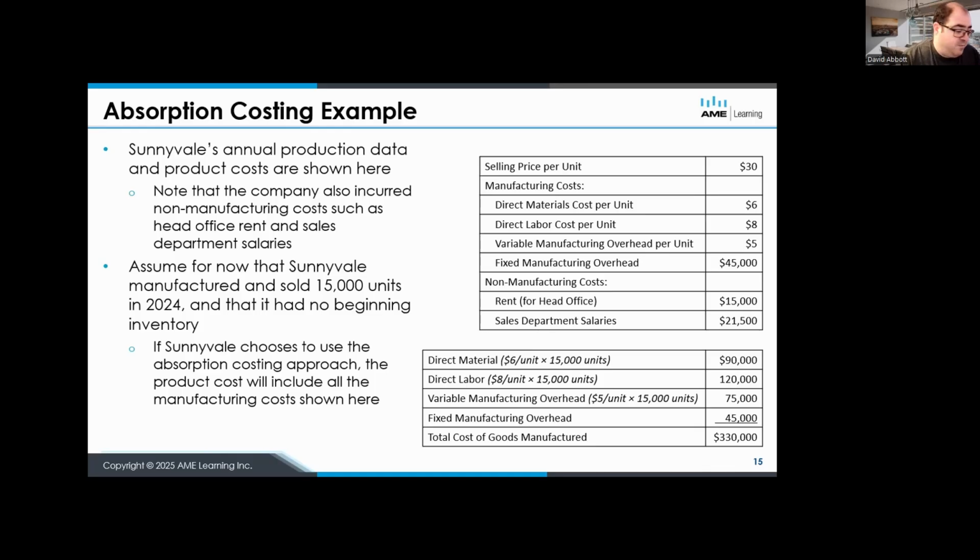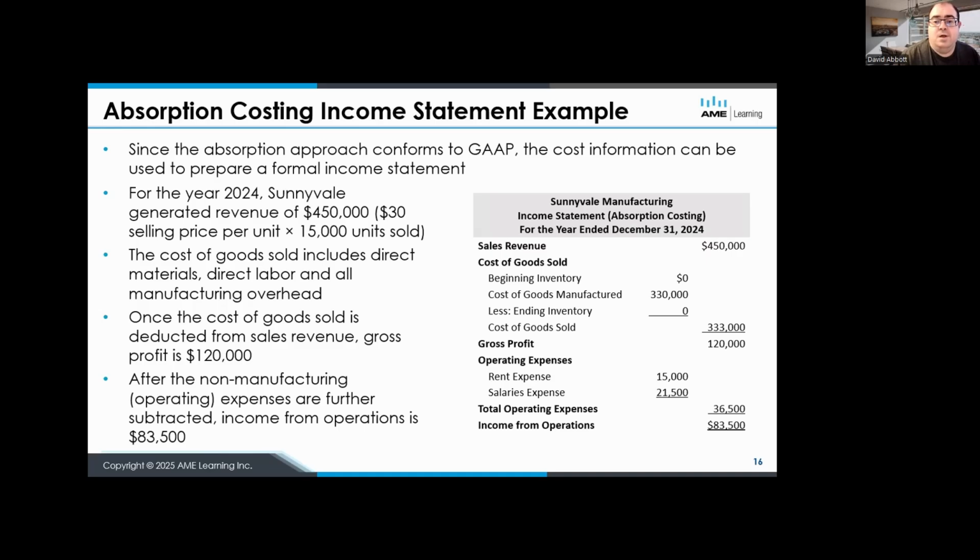And of course, we see some of the non-manufacturing costs there as well, which we'll see how this gets broken down. Since the absorption approach conforms with generally accepted accounting principles, the cost information can be used to prepare a formal income statement.